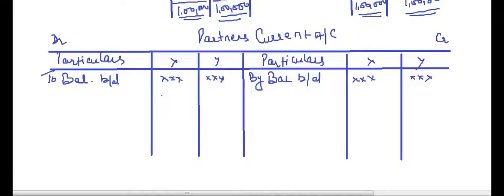Interest on partners' capital is an income for the partner and expense for the partnership firm. Now if it is an income for the partner, we will show it on the debit or the credit side. If the interest on capital is an income for the partner, remember the journal entry.